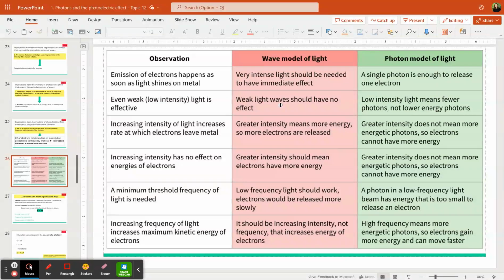Then in the middle you've got why the wave model is no longer good enough to explain light, and why we've moved to a photon model where we now think of light acting in particle form, and how that can explain the observations. So pause me. It might be helpful to write it down. I can also print it for you when I'm back, whichever you'd rather, but really take your time to read this carefully. Okay, and then move on when you're ready.